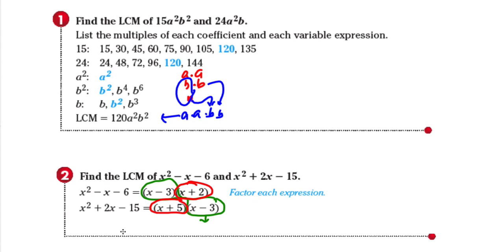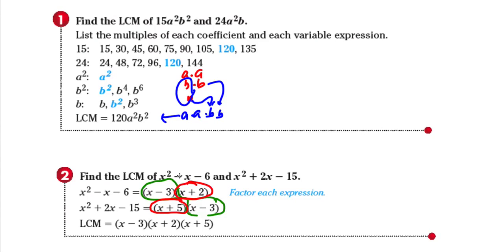So you end up with the LCM as x minus 3, which is the one that we circled in green, x plus 2, which is the one we circled in red, and x plus 5, the other one that we circled in red. Okay, so that's how you find the LCM of two polynomials by using factoring.